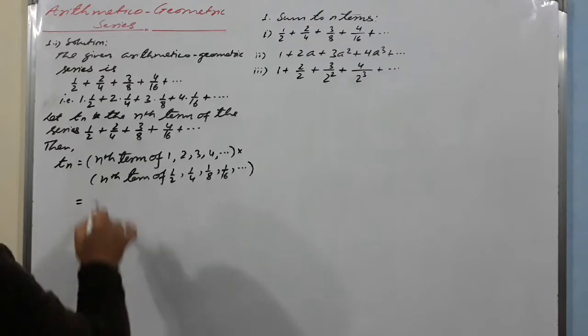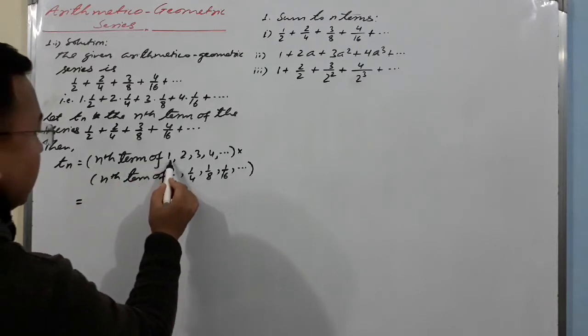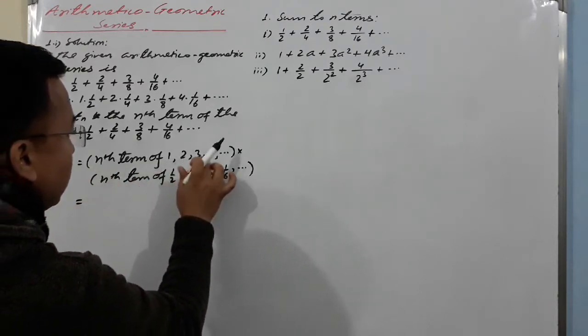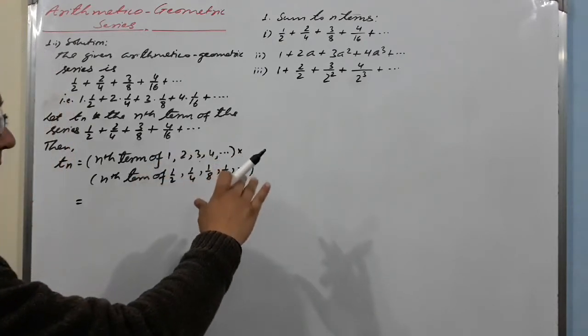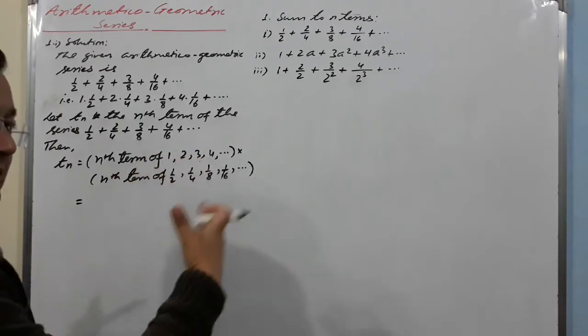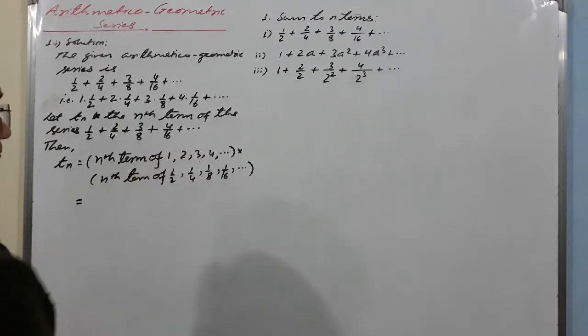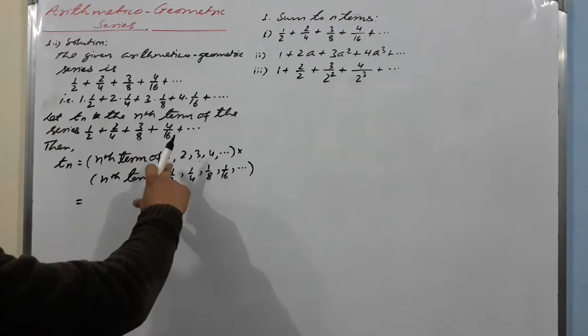So just the procedure: here 1, 2, 3, 4 are in AP. Orally also we can tell because they go in an easy pattern.